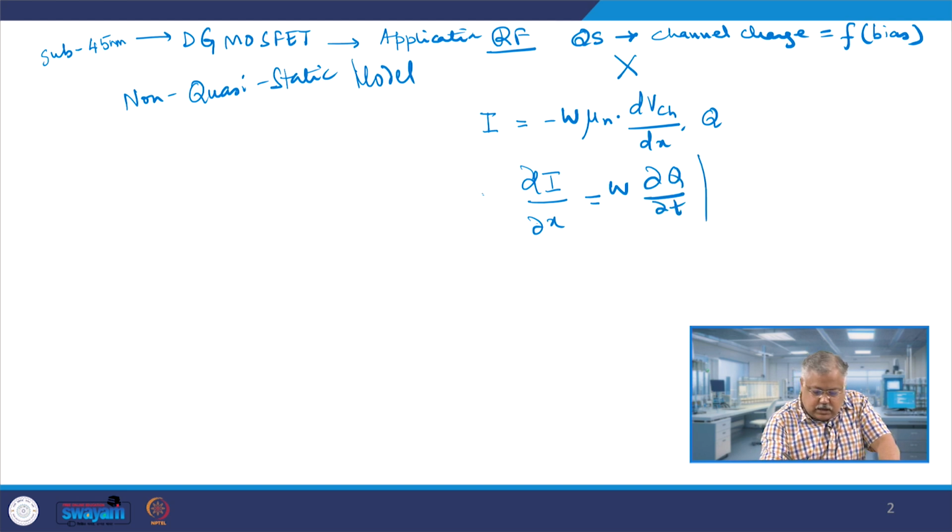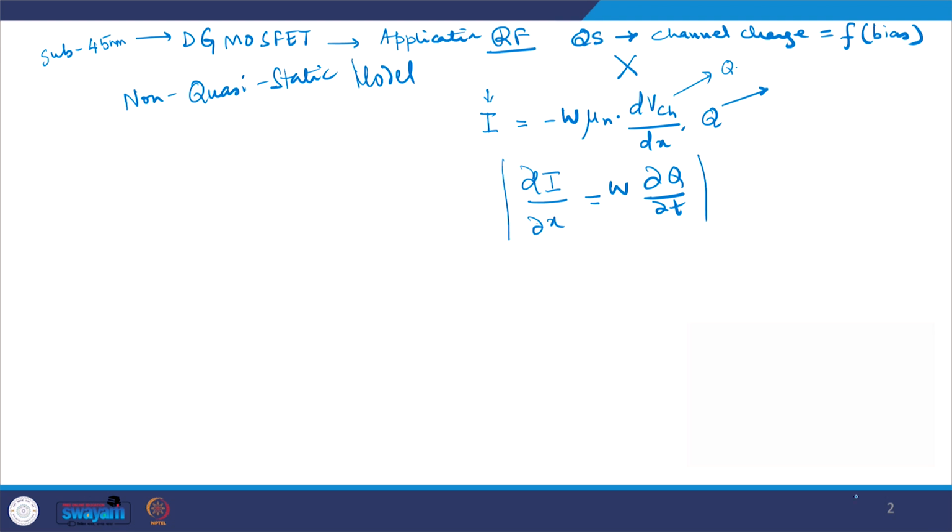This is the current, I is the current, right. Qi is the inversion charge, Vch is the channel potential, the channel quasi potential, quasi Fermi level, and mu is the electron mobility, W is the gate width, and time and longitudinal directions are shown here. X is the longitudinal direction from source to drain.